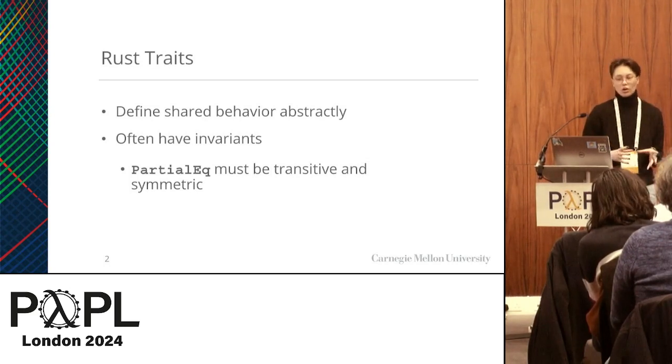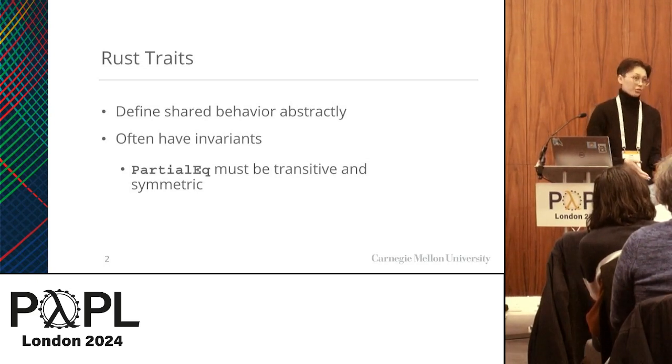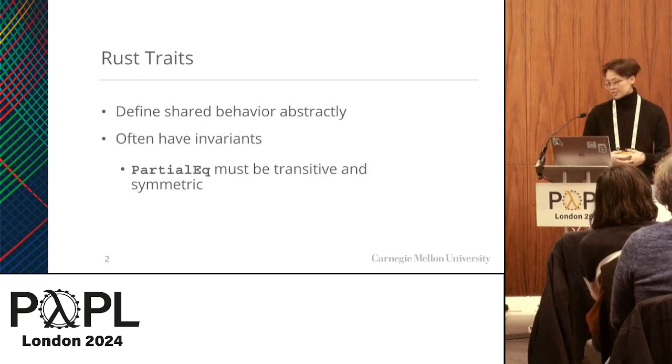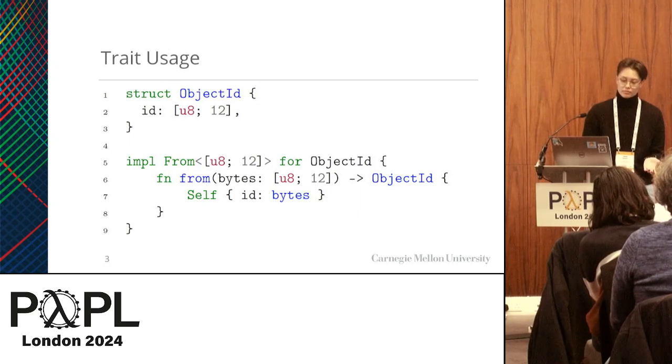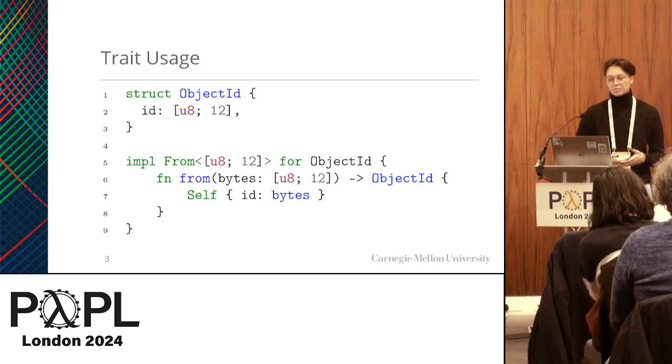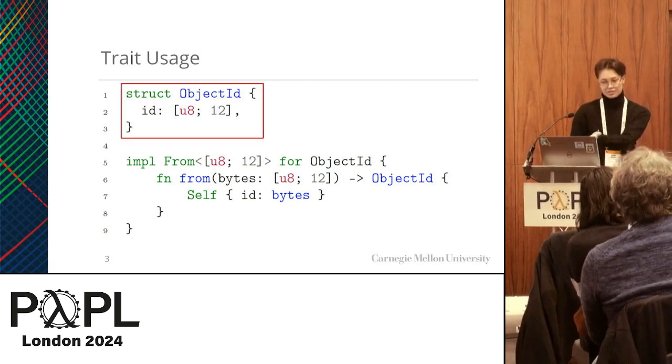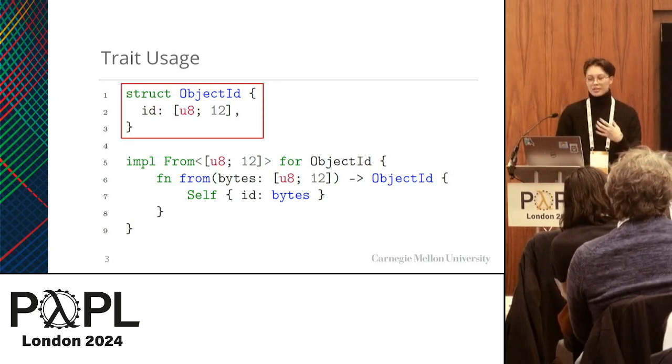These traits are often already implemented for the standard library types, but for user-defined types, it's often nice to be able to implement these yourself. For example, if I had a custom type called ObjectID that has, say, an ID field that's just a length 12 U8 array, that's this right here, then I might want to implement the From trait.